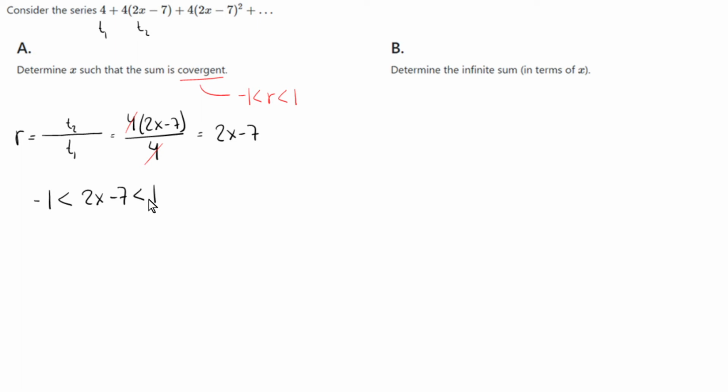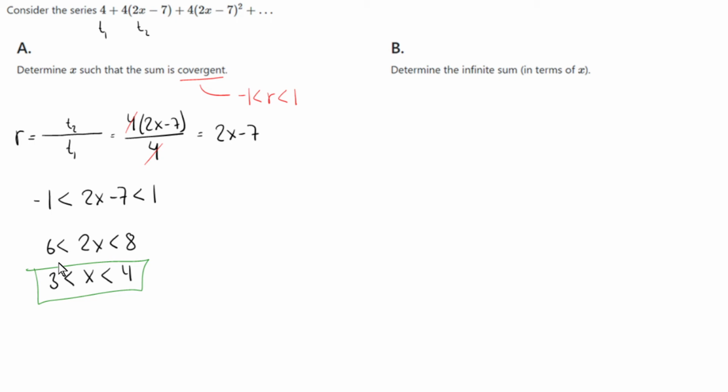We can add 7 to each term. So -1 plus 7 is 6. 2x minus 7 plus 7 is just 2x. And 1 plus 7 is 8. Divide by 2, which gives us 3, x, and 4. So x has to be between 3 and 4 in order for this series to be convergent.